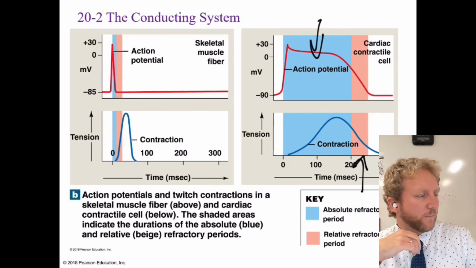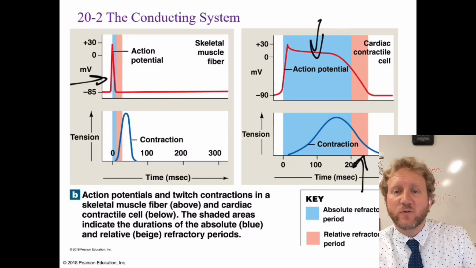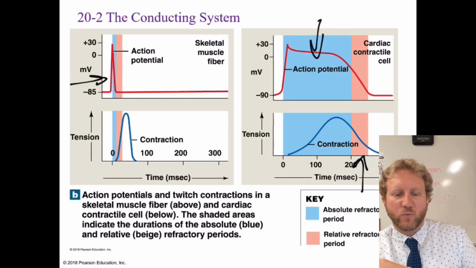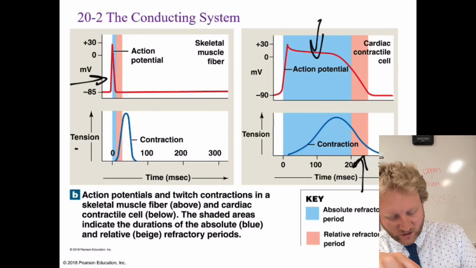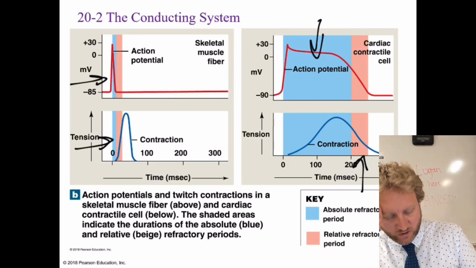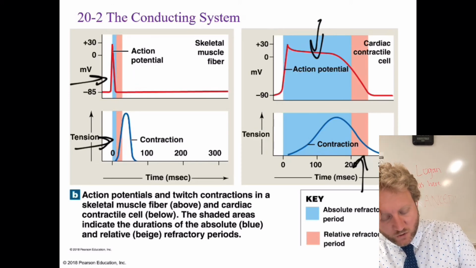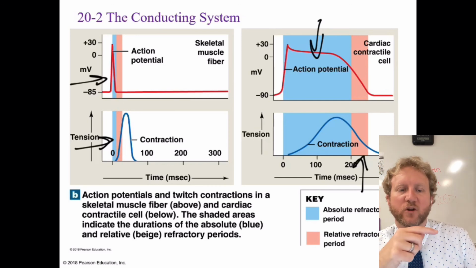And so one of the things that's kind of interesting is the action potential happens first, and then there's a delayed reaction that takes place. So the action potential goes, and then we have the muscle contraction that happens after that, and then we're able to start this over again. And so basically, if you look at the different periods right here, the muscle contraction takes place during the refractory period of the action potential.